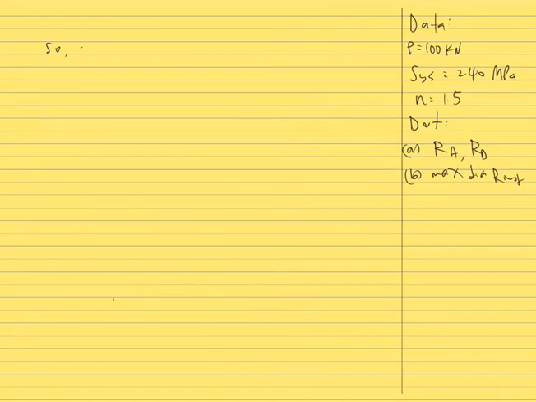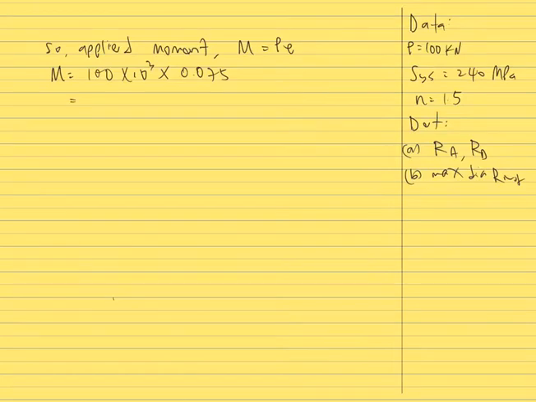So the applied moment M is equal to P times E, where P is 100 kilonewton and E is 0.075 meter. Simplifying, we get the applied moment equal to 7.5 kilonewton meter.